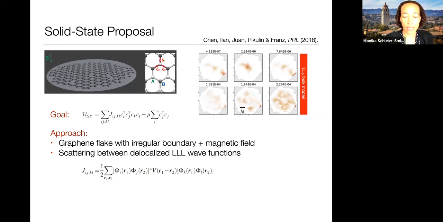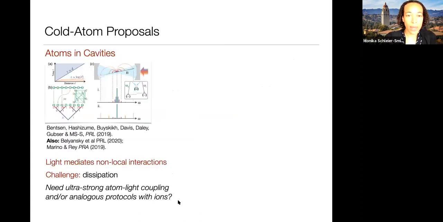And I don't think the six-sided shape is particularly important, but it's more about the disorder and the way that these eigenstates are spatially delocalized and disordered in such a way that gives you a random coupling between them.